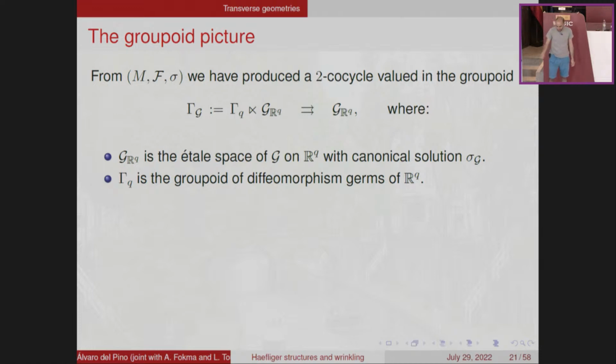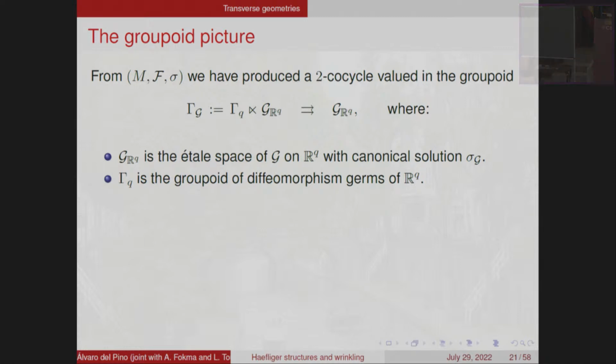So maybe, I don't know if this is a comment that would help, but a typical example that people in Marius's school have studied a lot is things like G-structures.